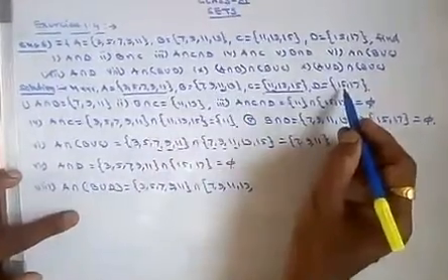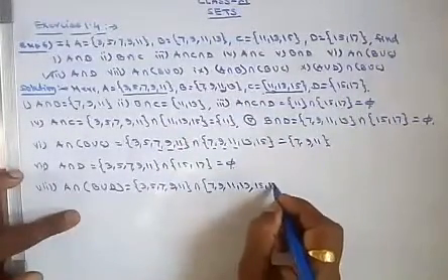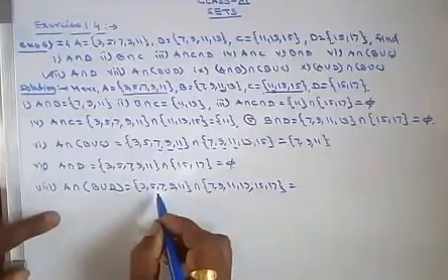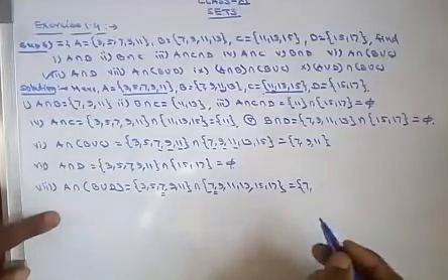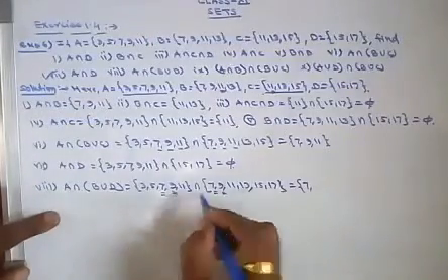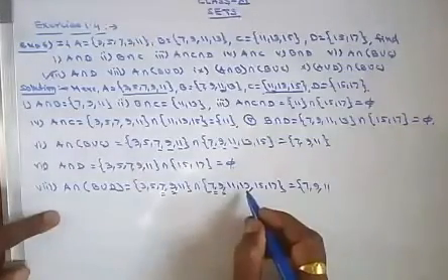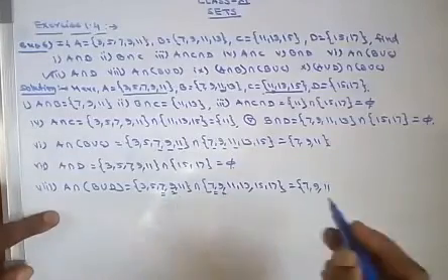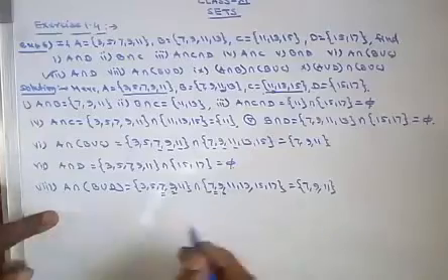And D: 15 and 17. Now take the intersection. 7 is here, 9 is also there, 11 is also there. Then no other common element is there except these. 13 is not there. So this is A intersection B union D.